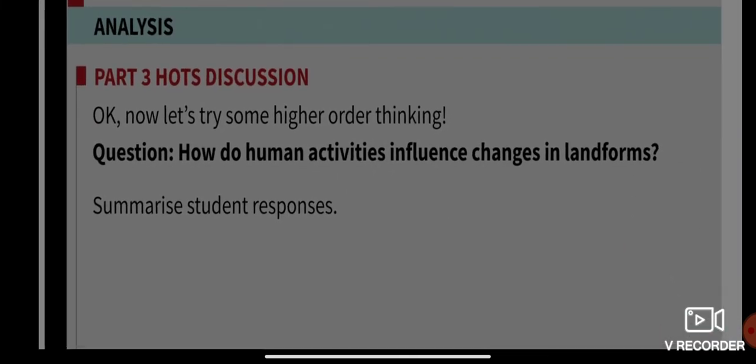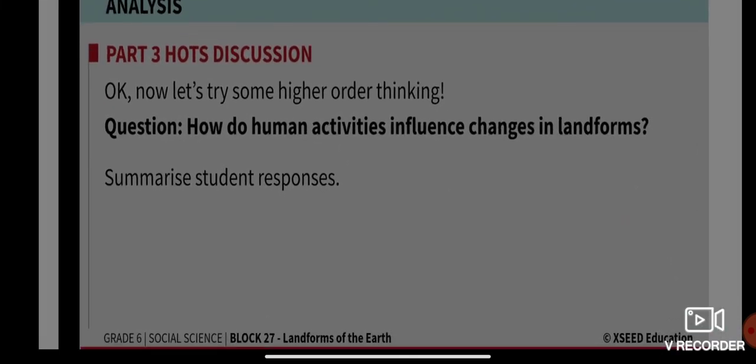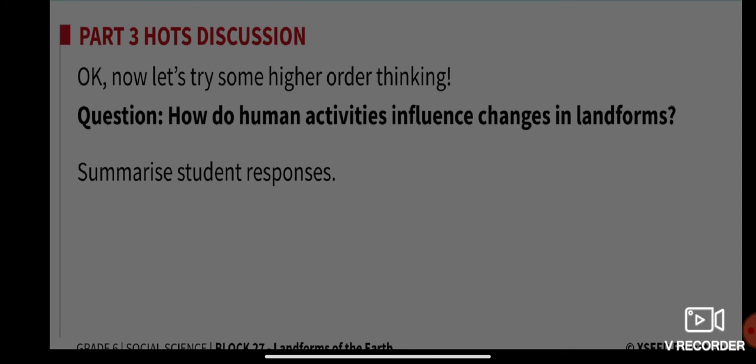The last question: how do human activities influence the changes in landforms?